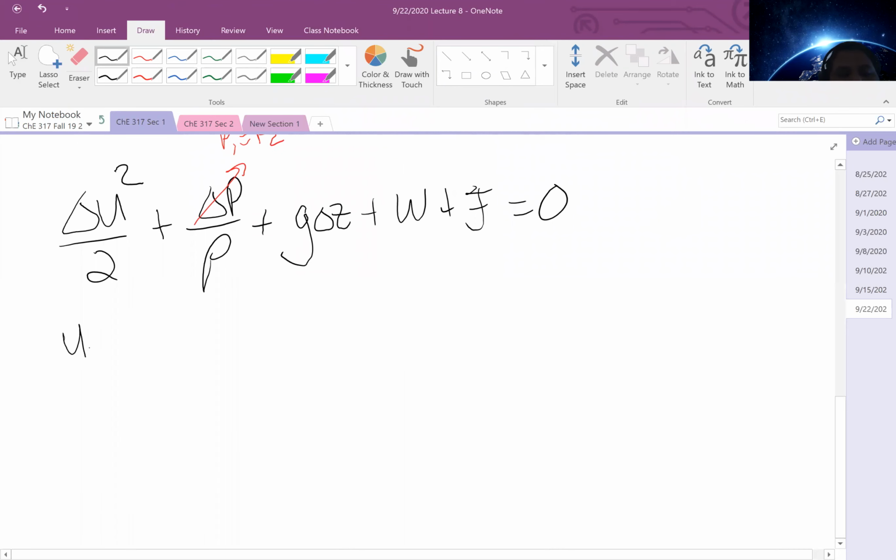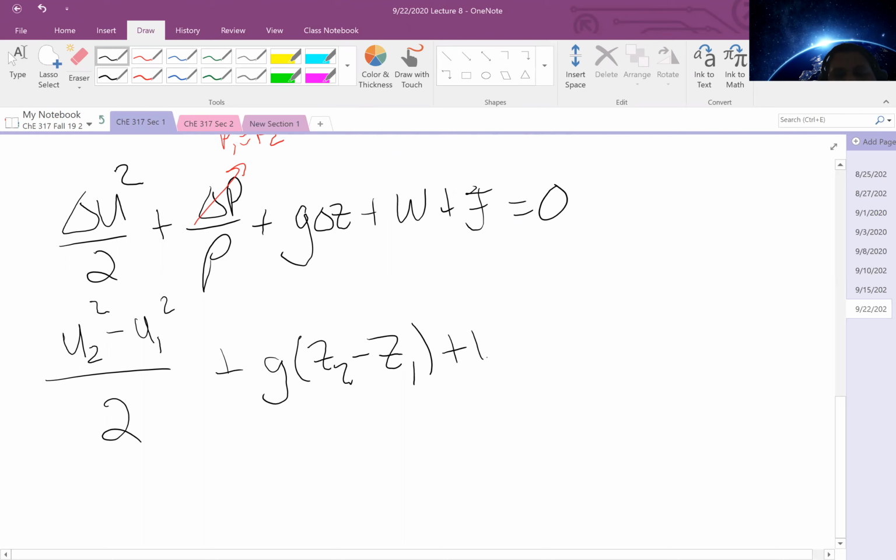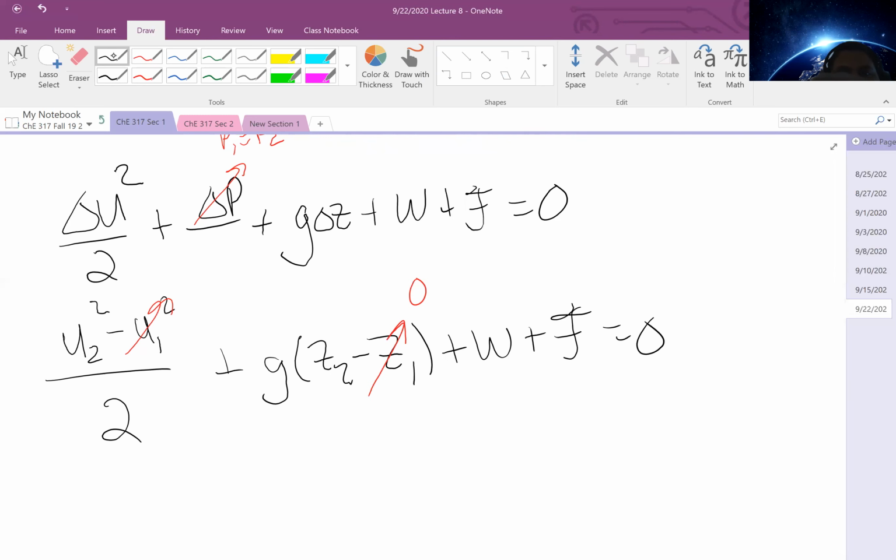And so I would say (u2 squared minus u1 squared) over 2 plus g times (z2 minus z1) plus work plus friction equals 0. I would set my initial velocity to 0 and my initial height to 0. This would be my 330 feet, and this would be my 2.2 feet per second.